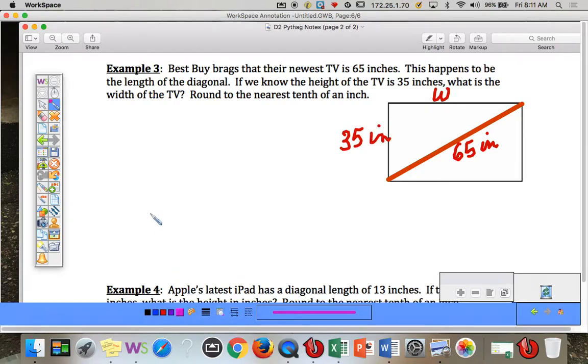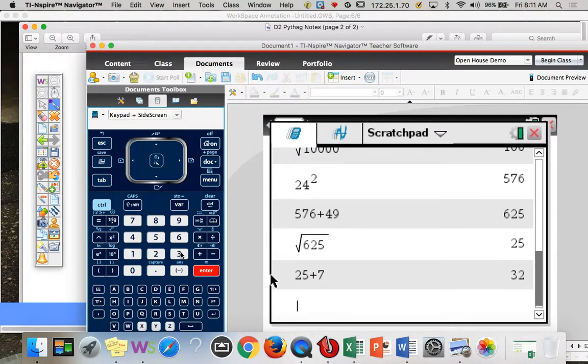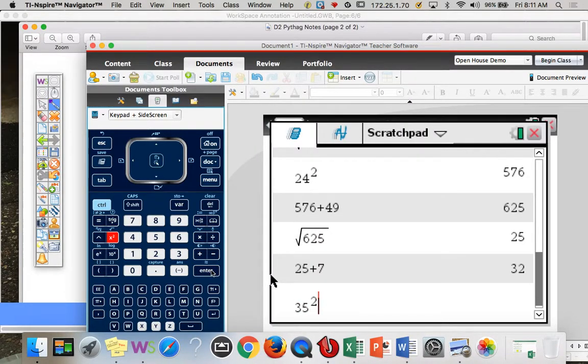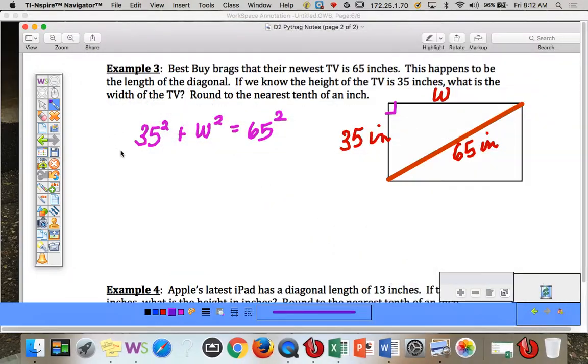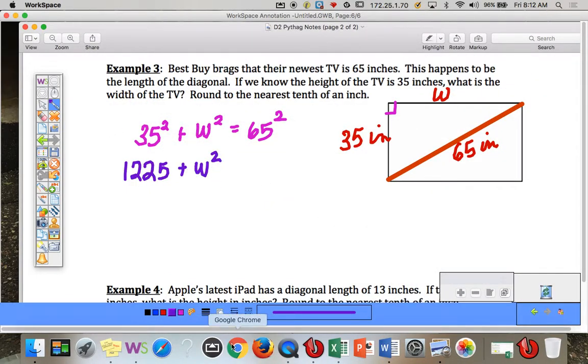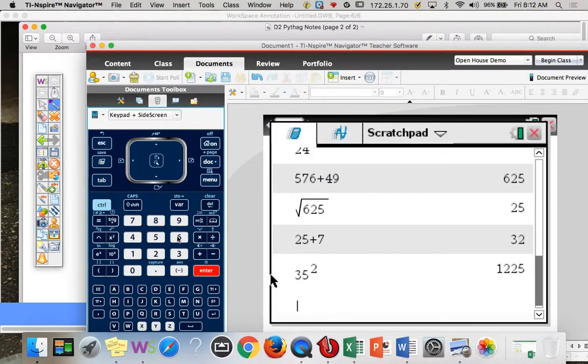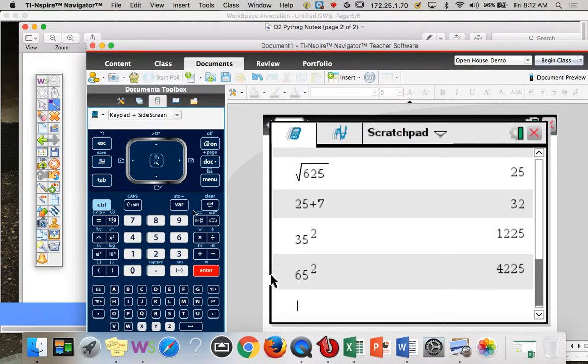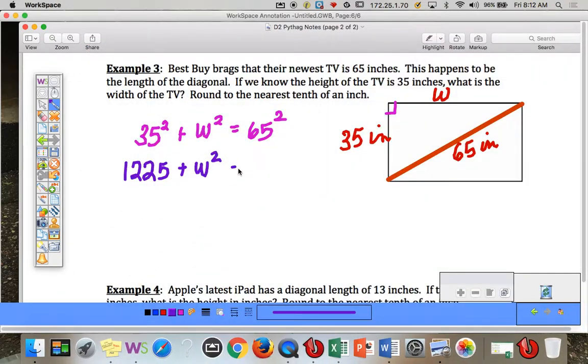Okay, let's plug it in with Pythagorean theorem because it's a right triangle. We have 35 squared plus, I'll call this W squared, equals 65 squared. Simplify each side. I need to know what 35 squared is. 1,225. I have to know what 65 squared is. 4,225.